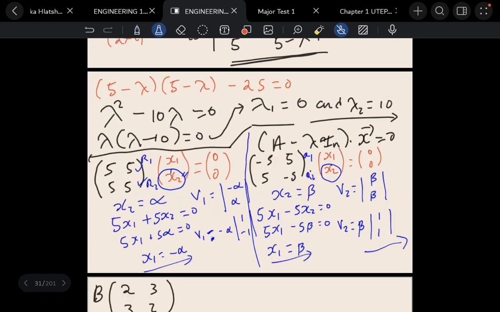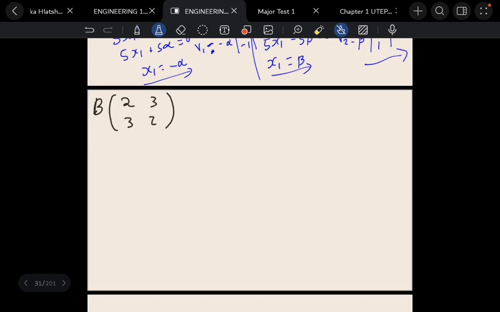So what we need to do now is find the determinant of this matrix. The determinant of B minus lambda I2 is equal to 0. This is the matrix that you will get, this is the equation that you need to solve.